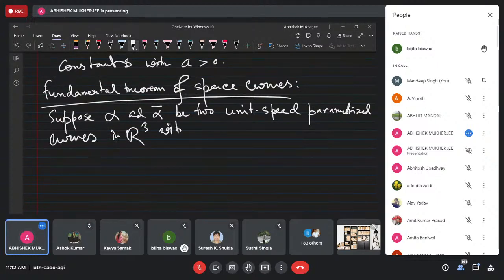with the same curvature kappa greater than 0 and the same torsion.